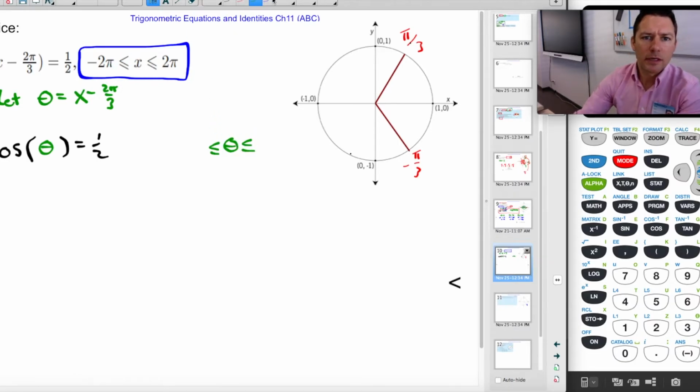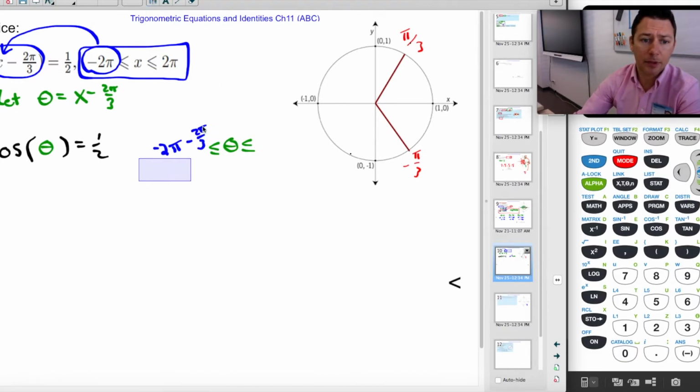So the smallest thing that I could put in for x is negative 2 pi. So the smallest thing that will come out of there and be theta, the smallest theta you could have, is negative 2 pi minus 2 pi thirds. If you'd like to clean that up, be my guest, but it's not necessary to find the location.